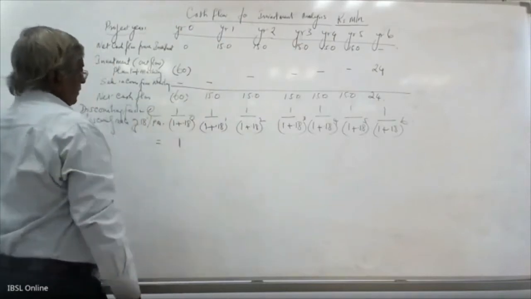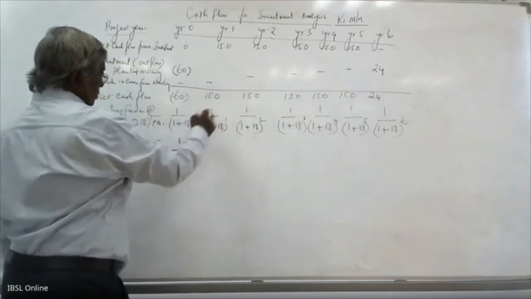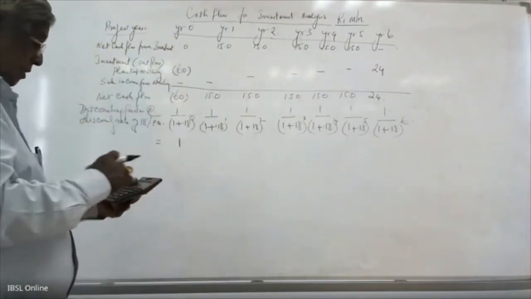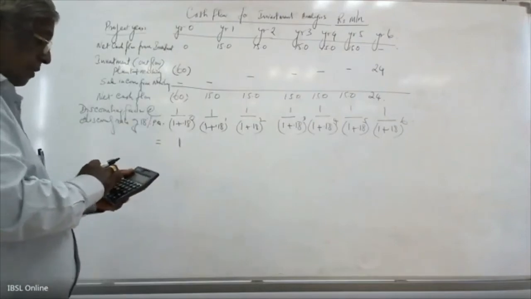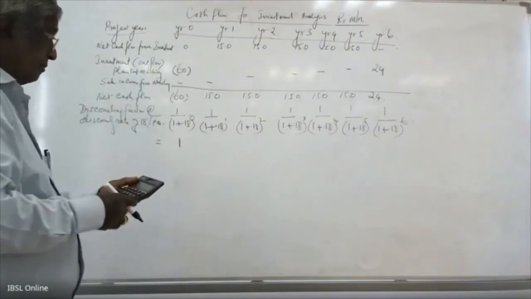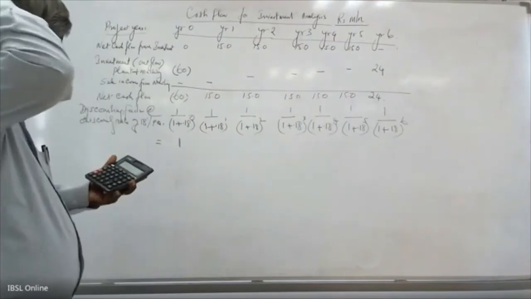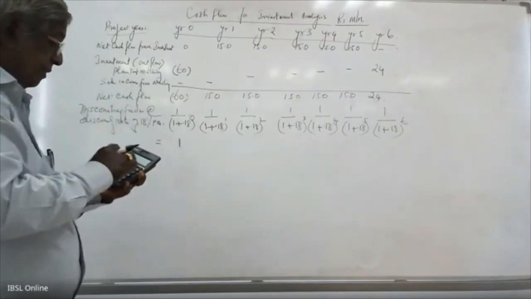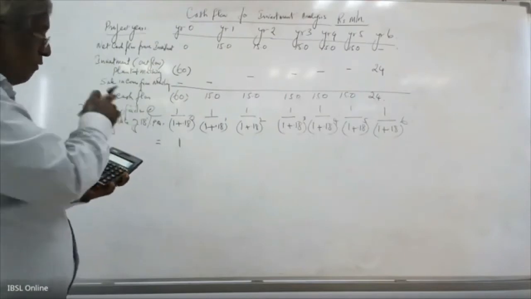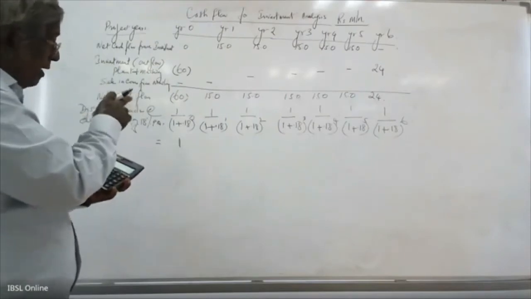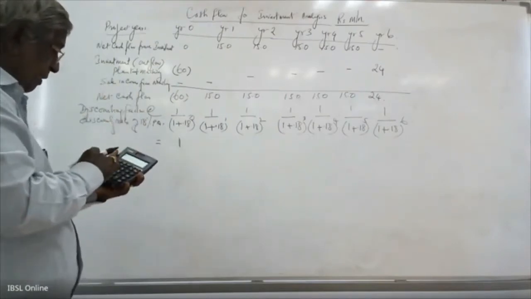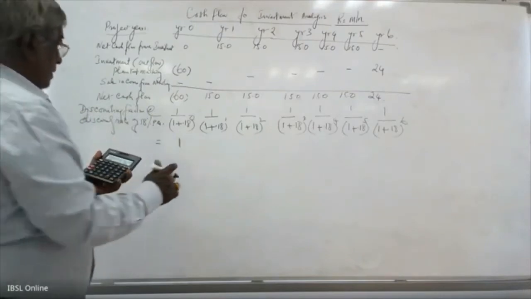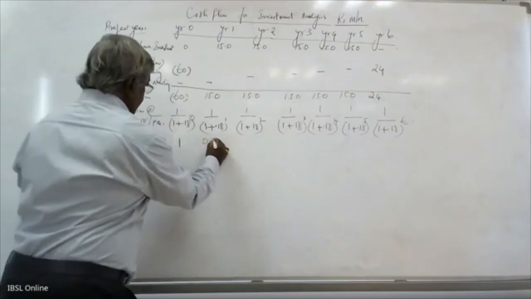So now you can use the calculator. One divided by 1 plus 0.18, so 1.18, equals 0.84.